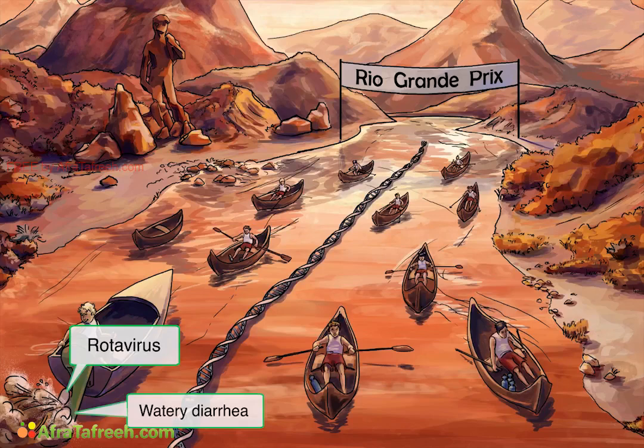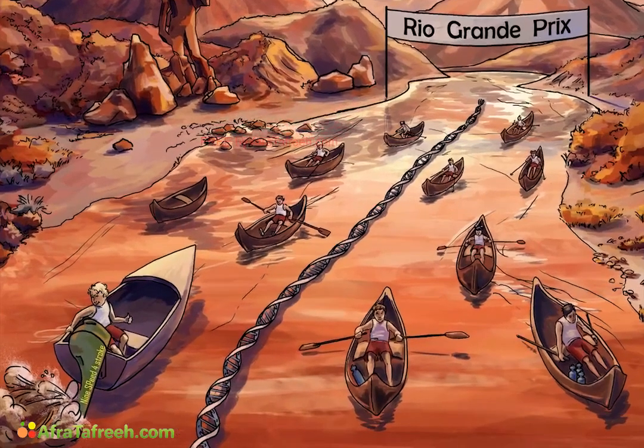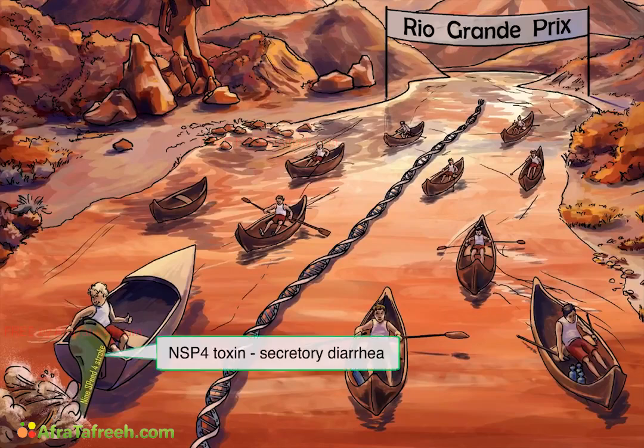The toxin that's responsible for this diarrhea is called NSP4, and it's a viral enterotoxin that increases chloride permeability, leading to secretory diarrhea. So to illustrate all of this, first let's write on the engine 9-speed 4-stroke. And that might sound a little unrelated, but let's break it down. N for 9, SP for speed, and the number 4.